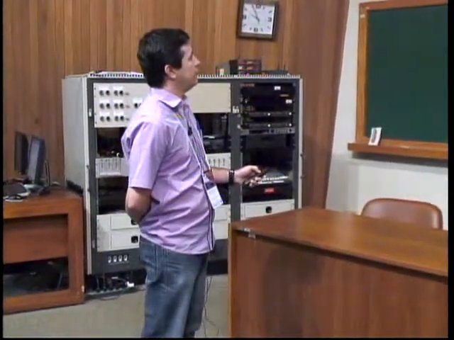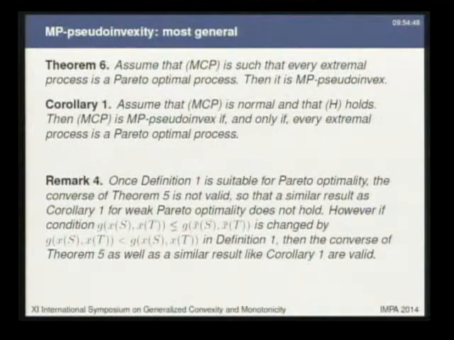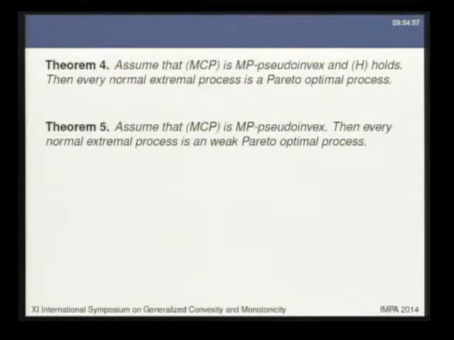Here we have a remark. Observe that theorem 6 is the converse of theorem 4. And I did not present the converse for theorem 5, which is about weak Pareto optimality.